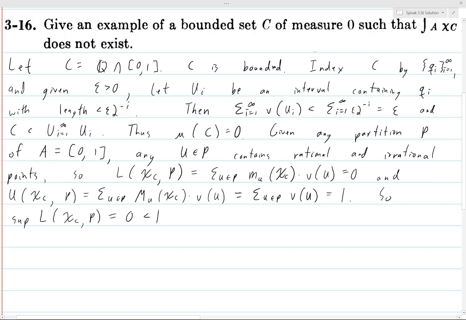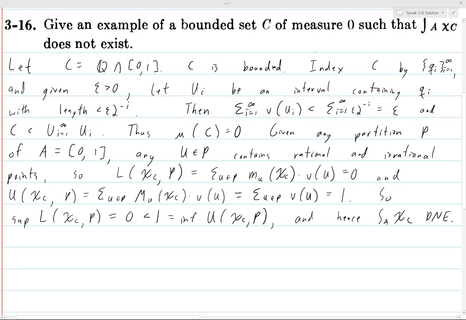This is strictly less than 1, which is the infimum of the upper sums of chi c over P. So the supremum of the lower sums is not equal to the infimum of the upper sums, and hence the integral of chi c does not exist. All right, so that's the end of the exercise with the way that I've proven it.